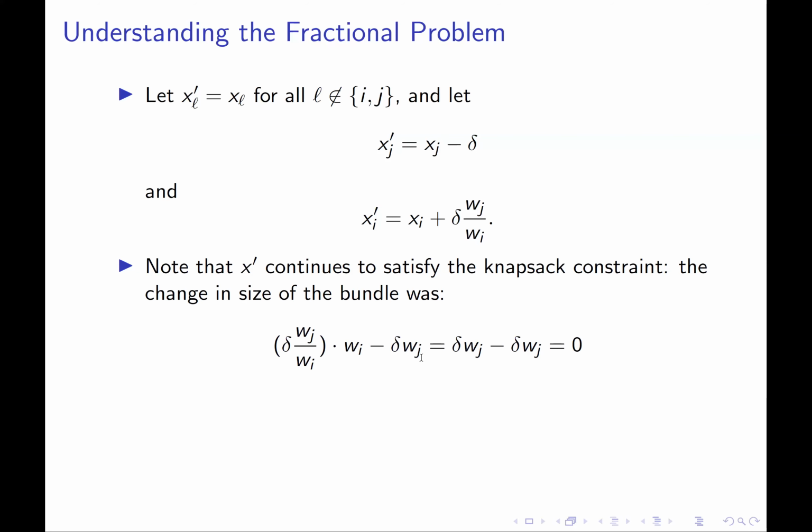We actually haven't changed the size of our solution at all, because on the one hand, we've added delta wj weight to the knapsack, new weight contributed by bidder I, but we've removed exactly the same amount of weight, delta times wj, that had previously been contributed by bidder j, and so the total change in the size of the bundle is exactly 0.